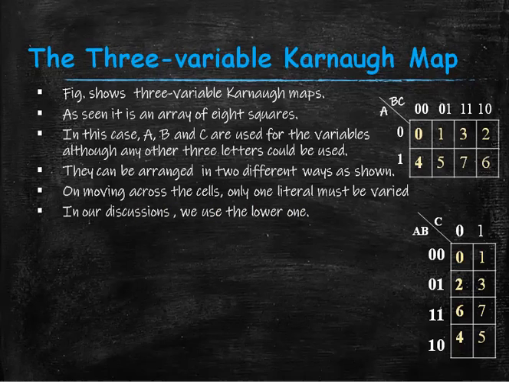And in our discussion, we only use the lower one. Here also, the AB variables are written in the left side: AB on the left and C on the top. Here also, look at here, it is 0, 0, 0, 1, 1, 1, and 1, 0.